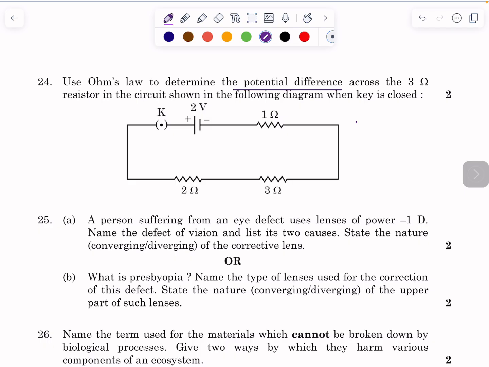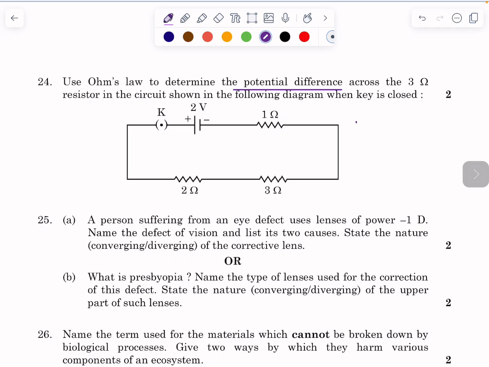Okay, so here we have to find the potential difference across the 3 ohm resistor in the circuit shown in the diagram when the key is closed.